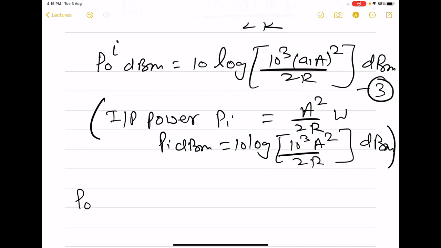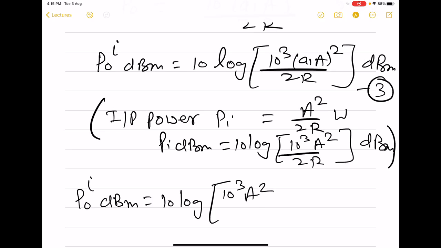So equation 3 can be rewritten as 10 log 10 raised to power 3 A square by 2R, and we will separate out a1 square term.